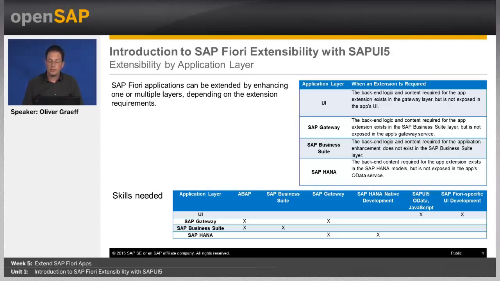For example, for the UI layer, it's good to understand, of course, SAP UI5, OData, JavaScript, HTML, and you could make use of your specific knowledge for UI development. If you want to touch the backend system, the gateway service or the business suite itself, of course ABAP is a skill you would need. So you can see here extensibility covers many different layers and quite some skills are needed to do that.